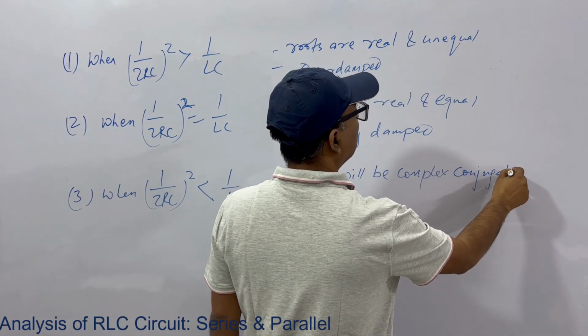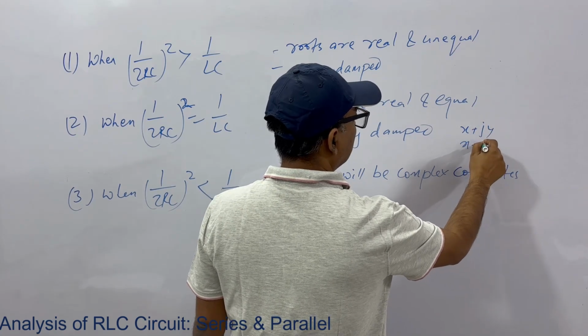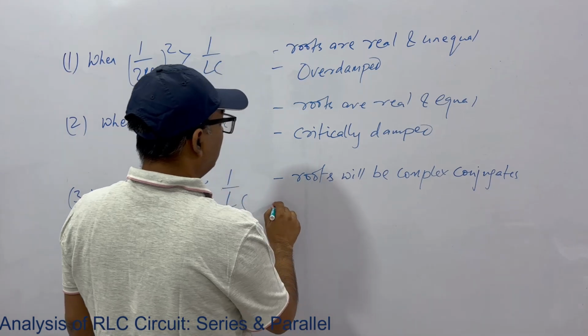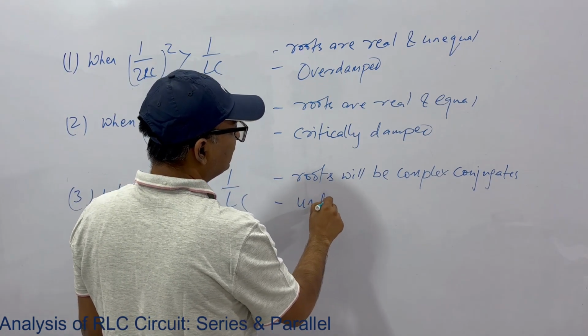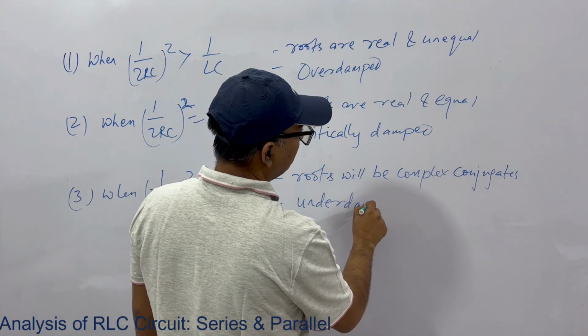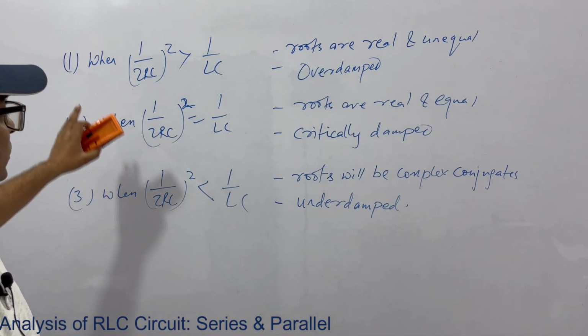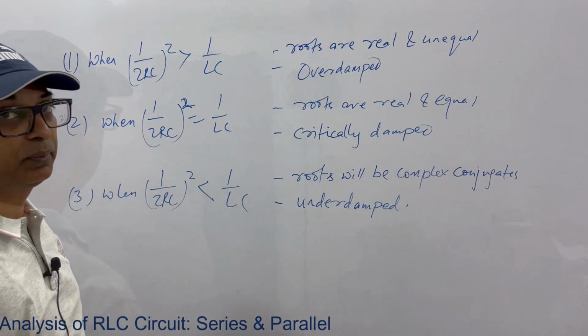So these are complex conjugates, that is x plus jy and x minus jy. And this type of response is called underdamped. So note this down and understand it properly.